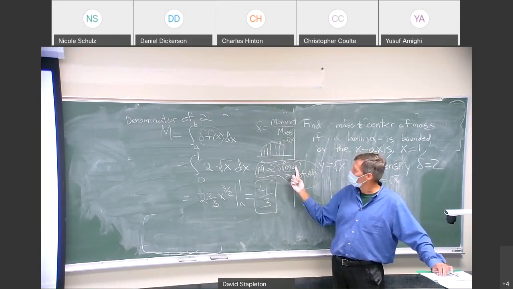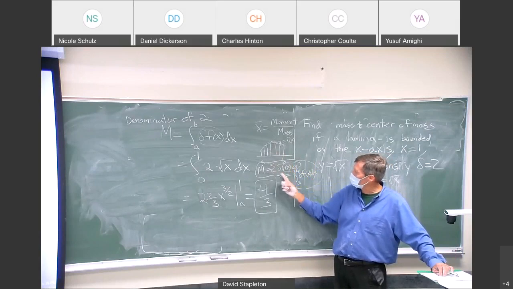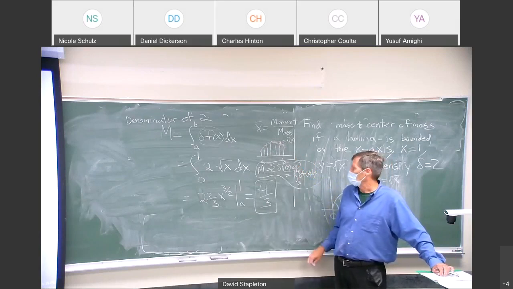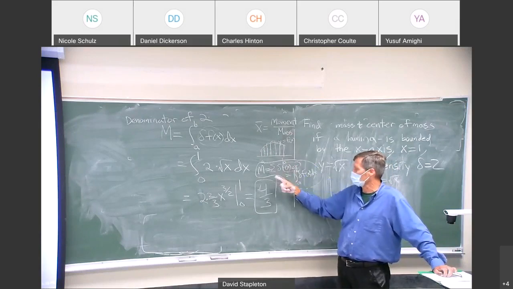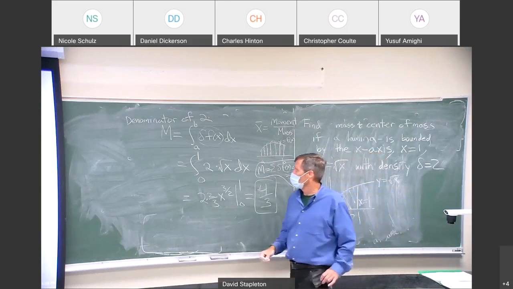That's the kilograms of the kth piece, and then you sum all n of them, you get the sum of the n rectangles, then you take the limit, you get the actual mass of the object. All right, so there's that one. And that's what was in the denominator with this. So the mass is 4/3.